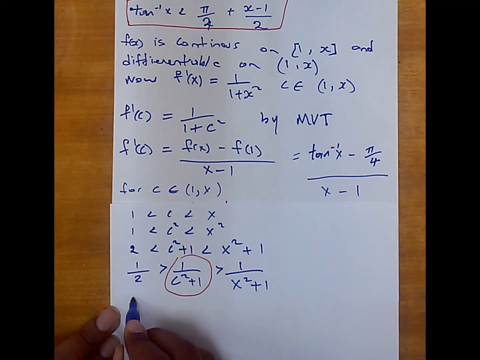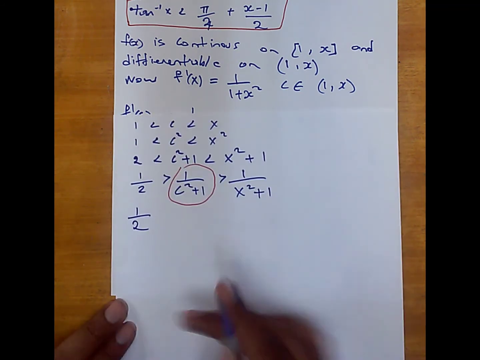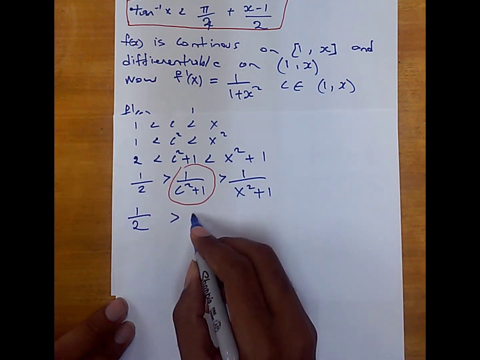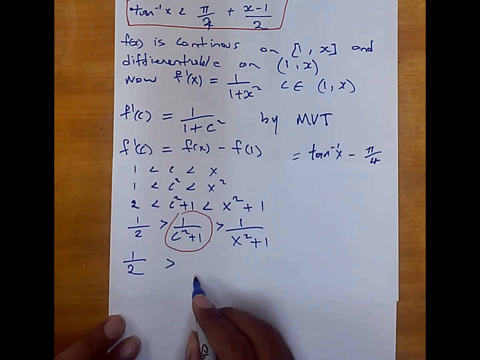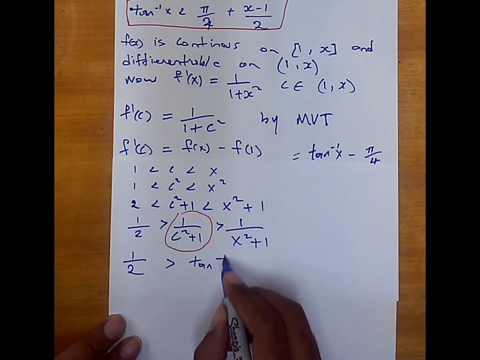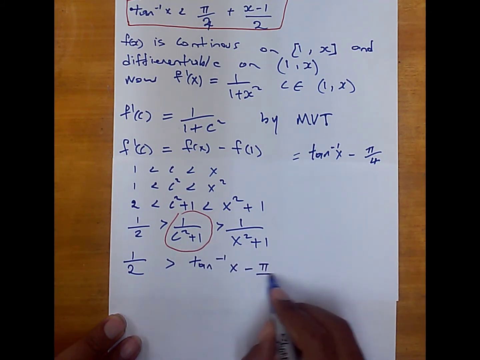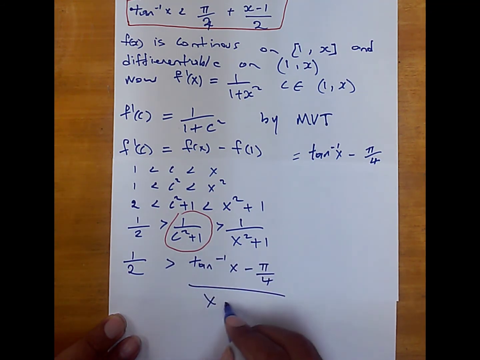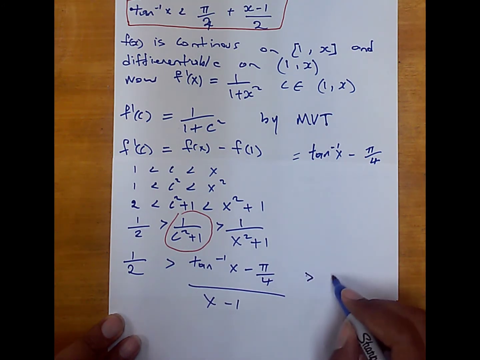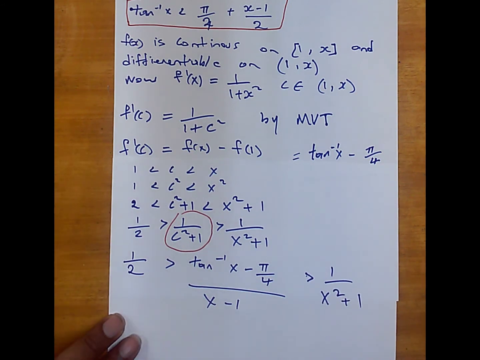So we can rewrite this as 1 over 2 is greater than tan inverse x minus pi over 4 over x minus 1 is greater than 1 over x squared plus 1.